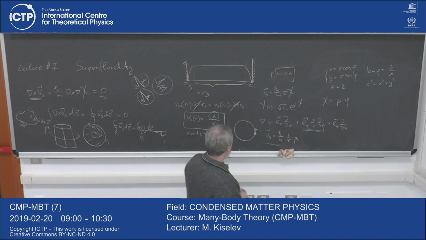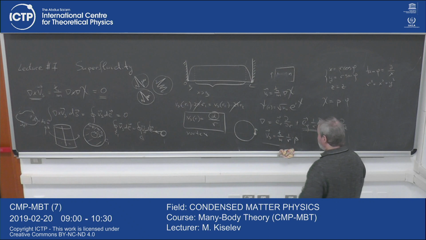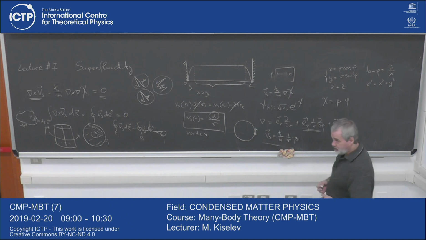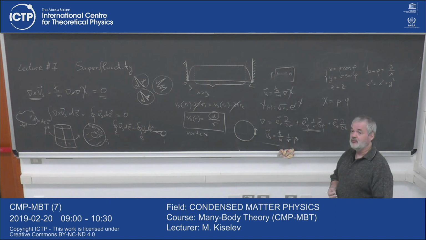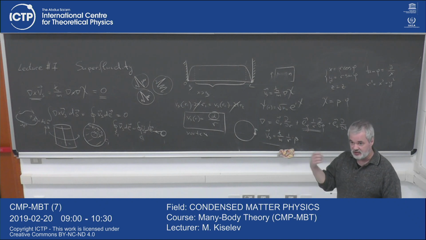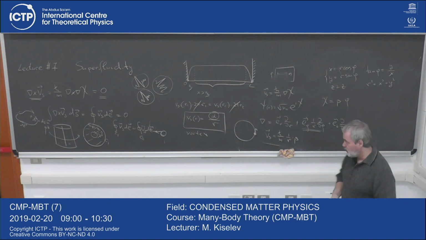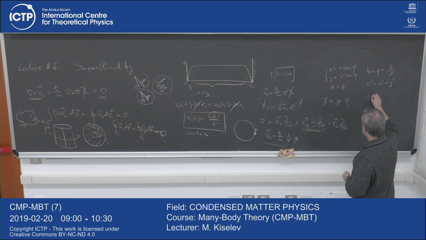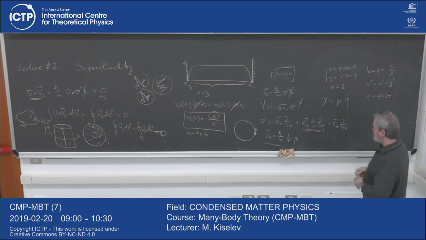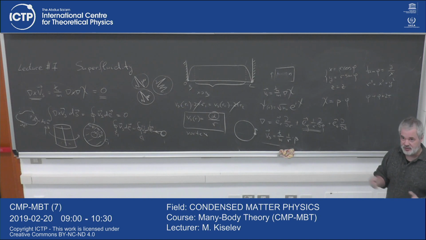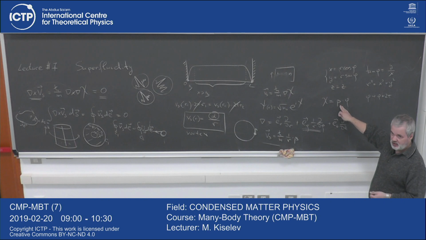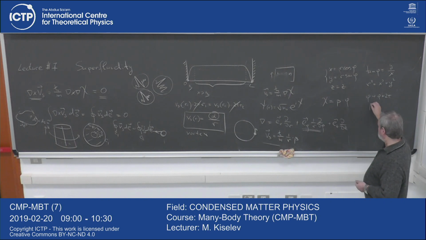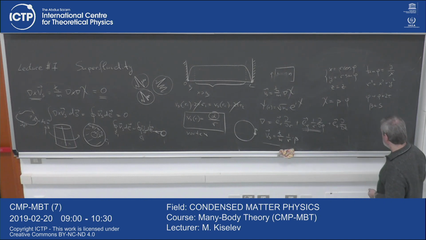However, the wave function should be identical under rotation over 2 pi. If we replace phi by phi plus 2 pi, nothing happens, right? Therefore, we should say that beta is equal to s, which is an integer number.